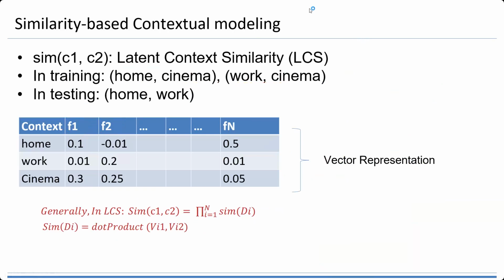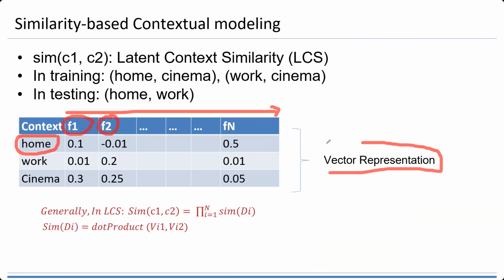Let's say in this case, I have home. So at home, we can have some additional features or high level features, and we can represent it in the factor. So this is the factor representation.